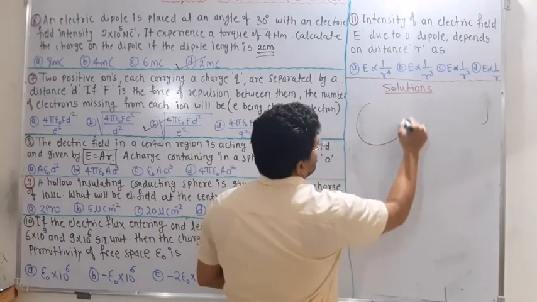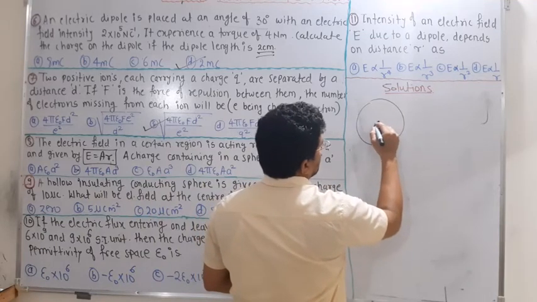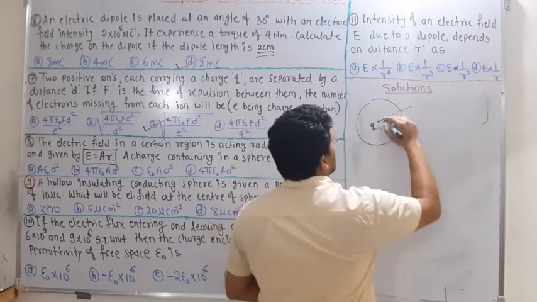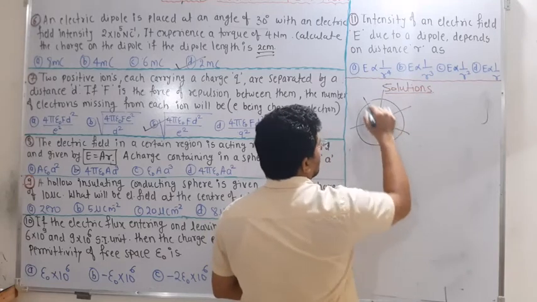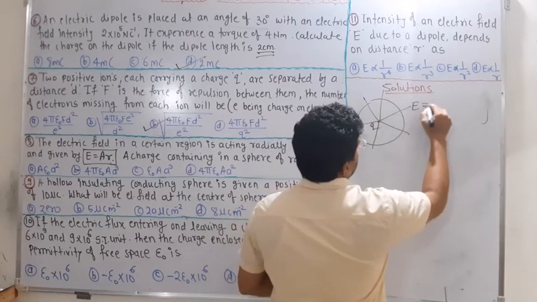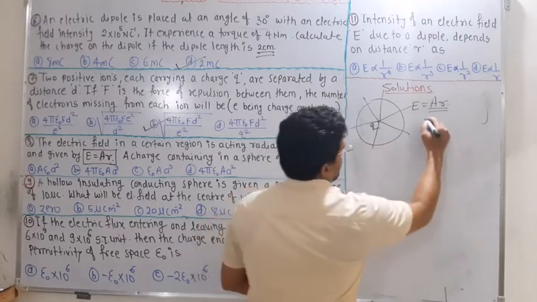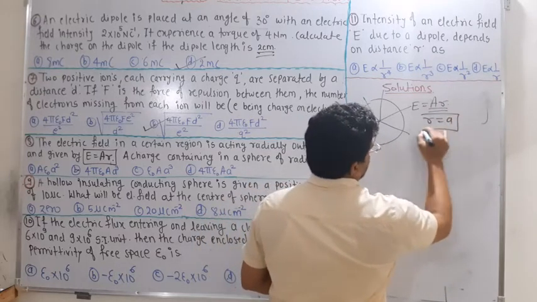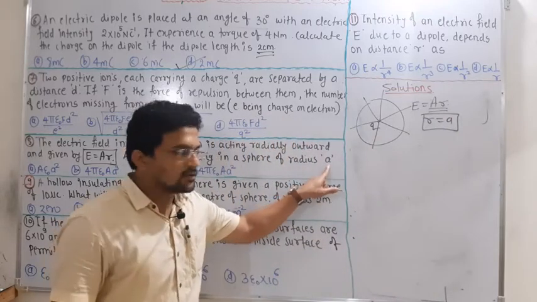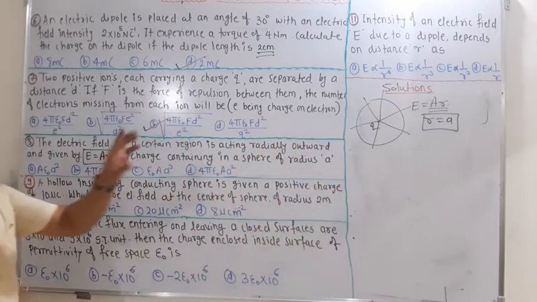Suppose this is a sphere and here is the charge enclosed, and this is the electric field outside. E is equal to A into R, where R is the radius, and it is given R is equal to A here. Then what will be the charge Q?